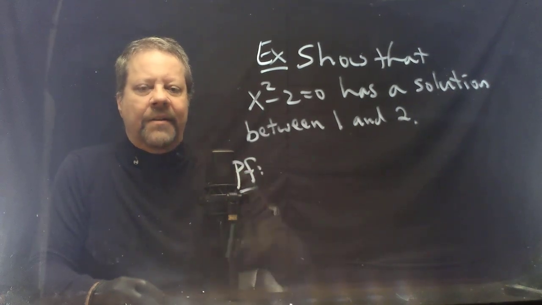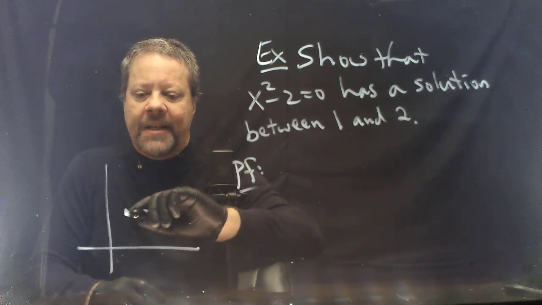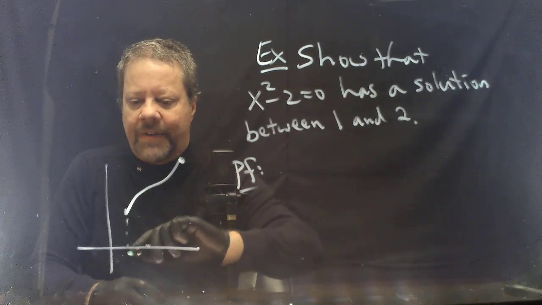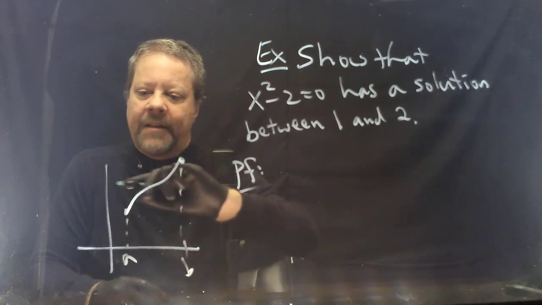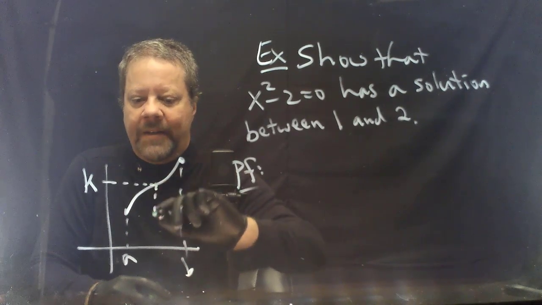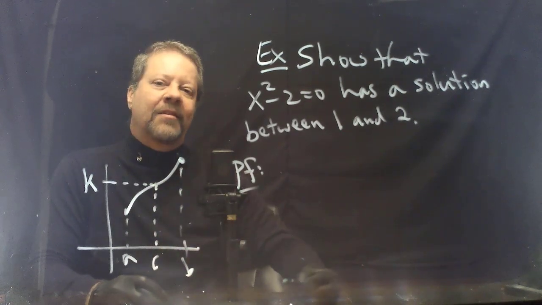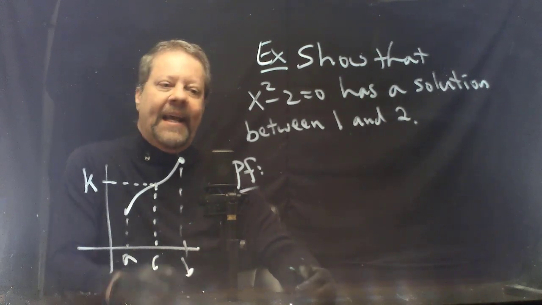We're going to use something called the intermediate value theorem. The intermediate value theorem says that if you have some continuous function on the interval [a, b], and if you have some intermediate value k, there has to be some point c in the domain where the height of the function at c is equal to the height k.